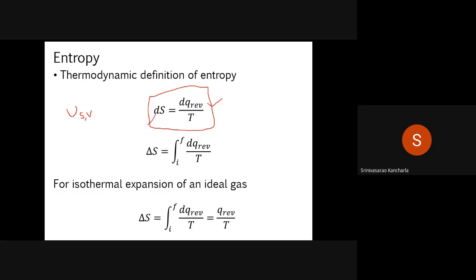Whenever you are speaking, always remember that you are speaking about the change. Absolute entropy we are not talking about at all. You will learn absolute entropy, but it is taught at the microscopic level.